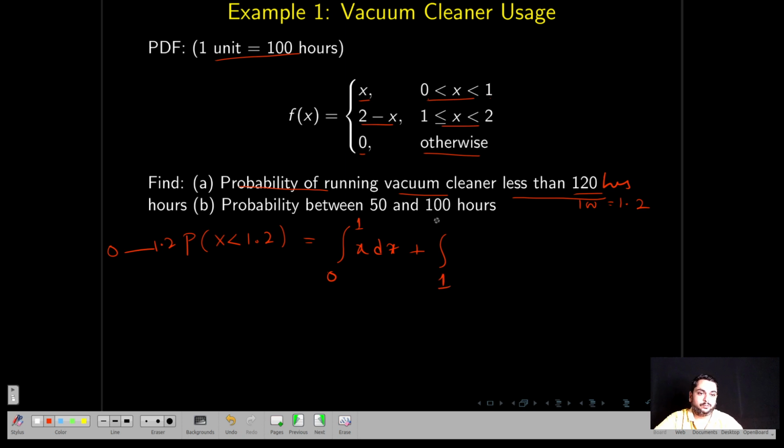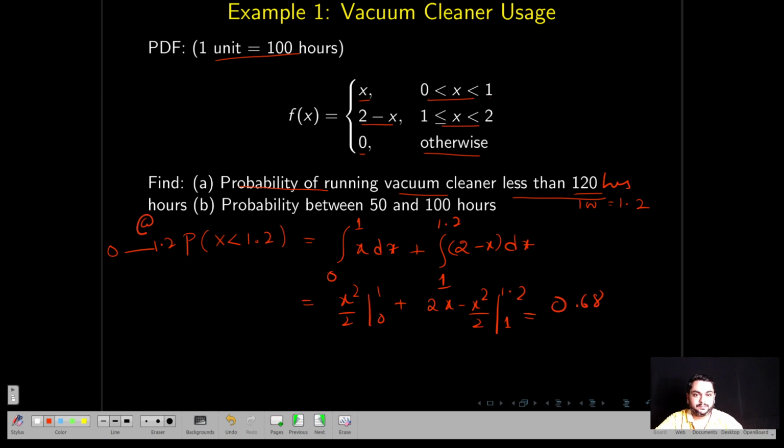Then from 1 to 1.2, it is 2 minus x dx. So this will be x square by 2 in the interval 0 to 1, plus 2x minus x square by 2 in the interval 1 to 1.2. If you substitute and calculate, you'll get 0.68 as the answer.